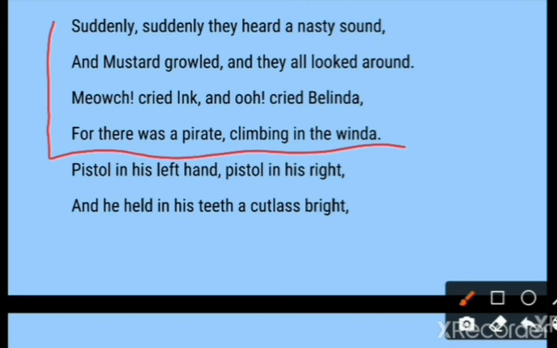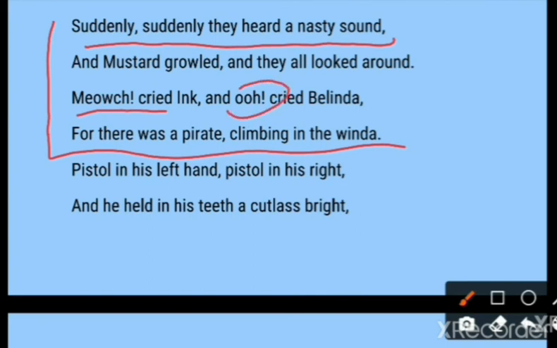For there was a pirate climbing in the winda." See, in the very first line, we have the technique of repetition. One word has been repeated twice, that is "suddenly." And then we have onomatopoeic sounds again. This "meow" and this "ooh" are onomatopoeic sounds.